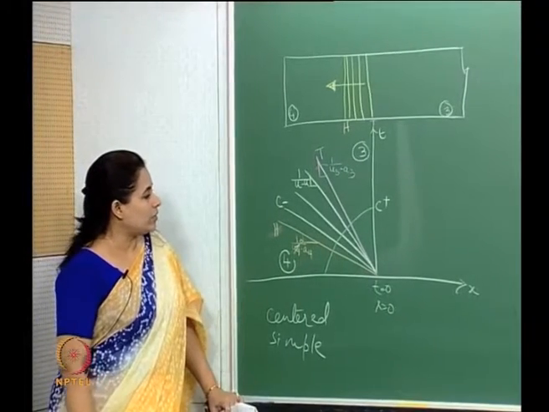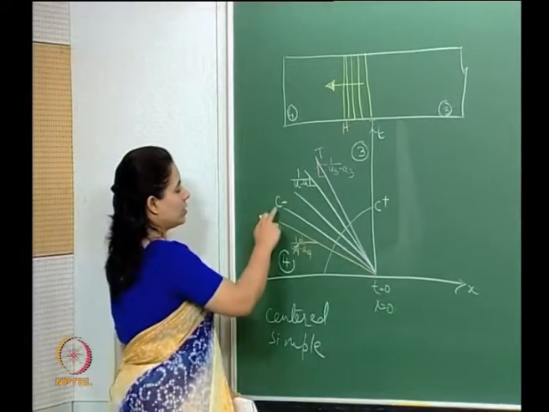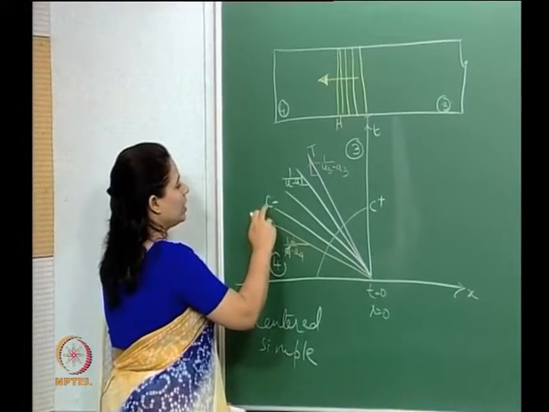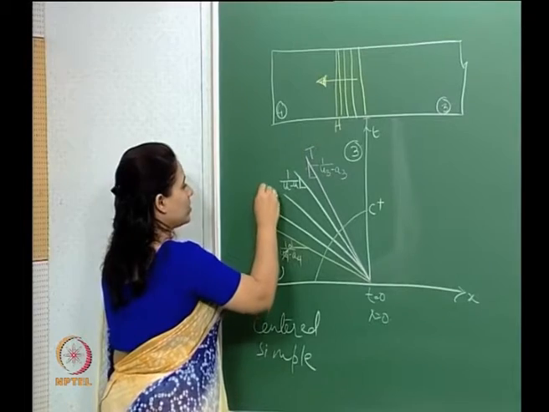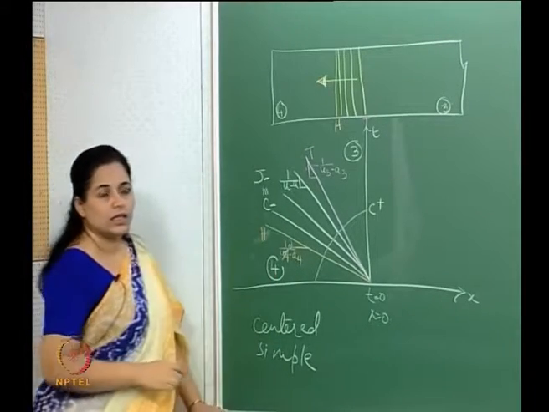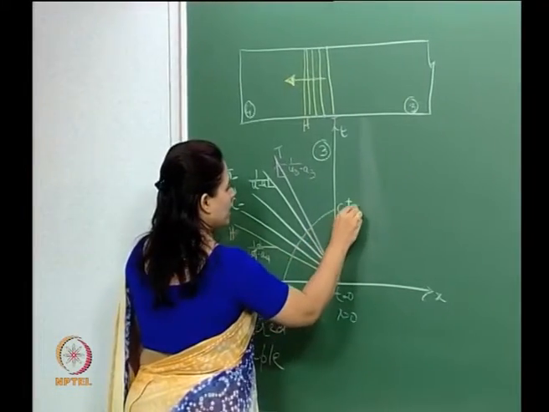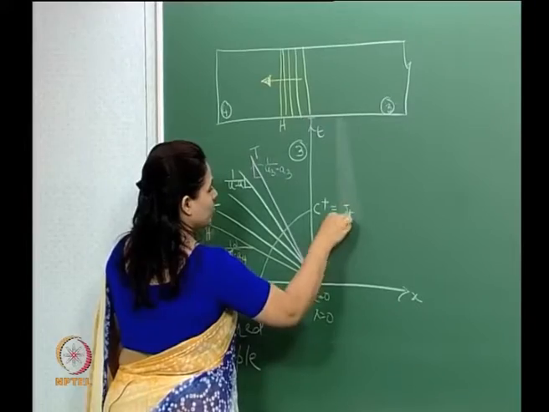We also said that C minus corresponds to J minus, these were the Riemann invariants, and C plus corresponds to J plus.